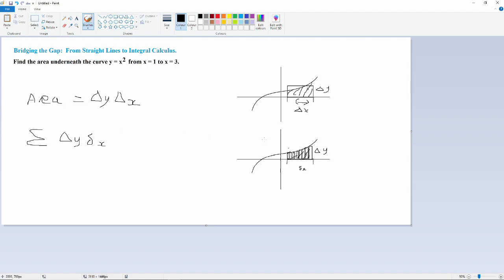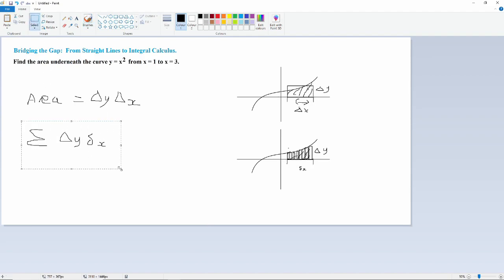Now, as we've seen, just as the derivative was delta y by delta x, so the area under the curve is delta y times delta x. If we take delta y by delta x and multiply by delta x, we can get back to the original y.